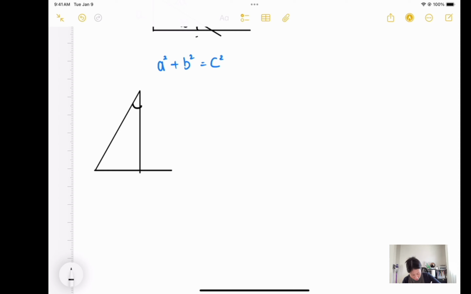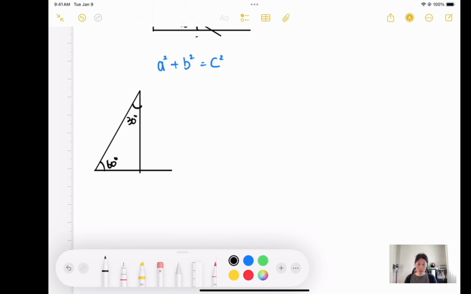So this one is 30° and this is 60°. So in this 30-60-90 triangle, right now I will try to use both the radian notation and also the degree notation, so you can transition between them. I want you to get more familiar with the radian notation.